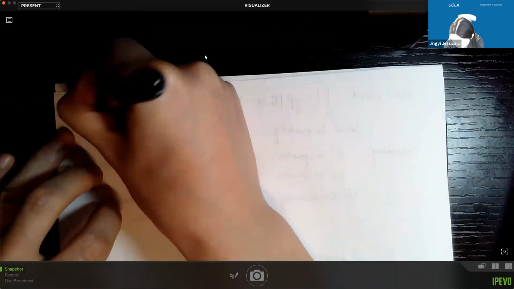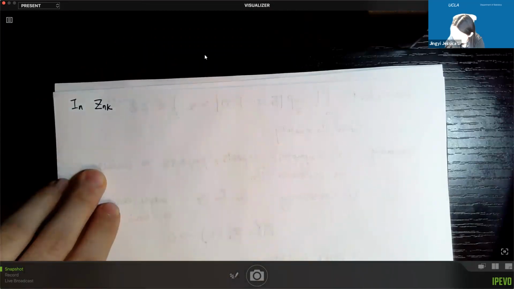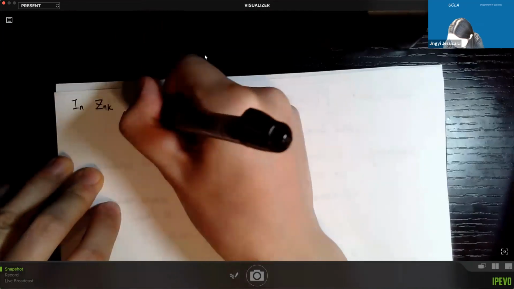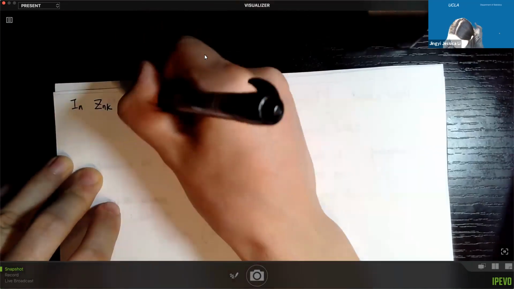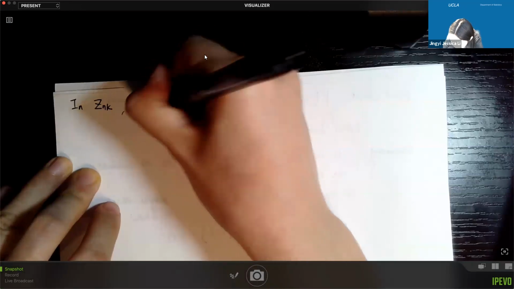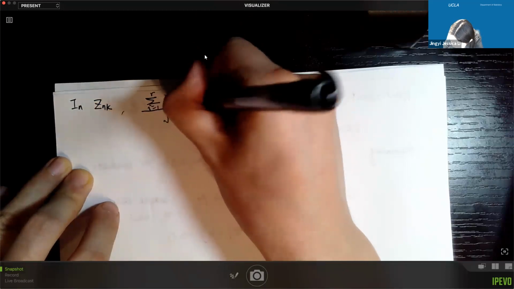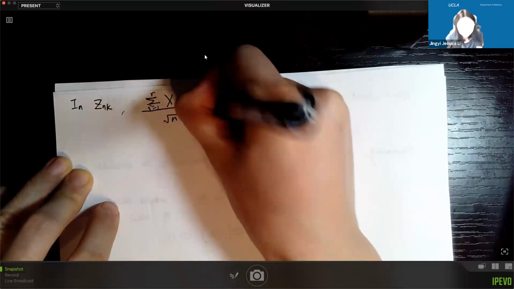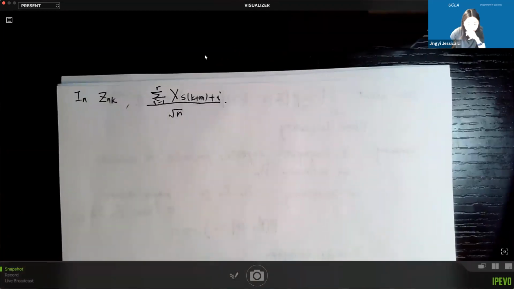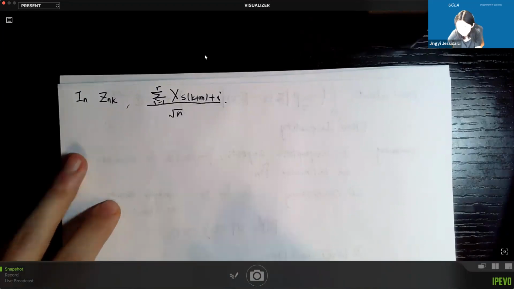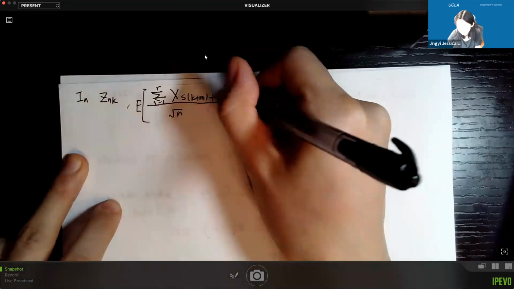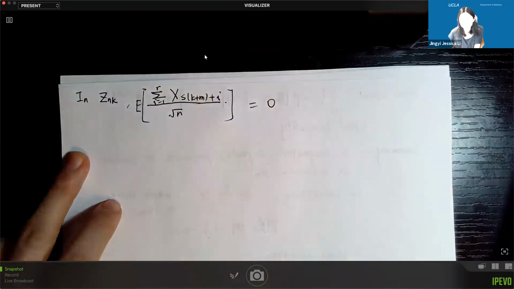So in Z and k, the first part is this. For the remainder, the sum over i from 1 to r, root n, okay, this one. Again, for this term its expectation is for sure 0, right? We have centered, mean-zero random variables.